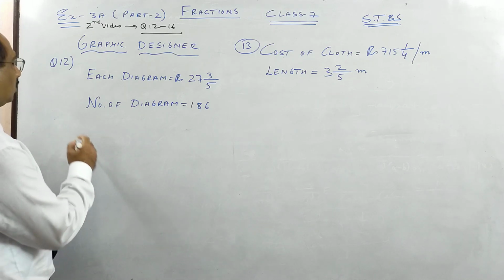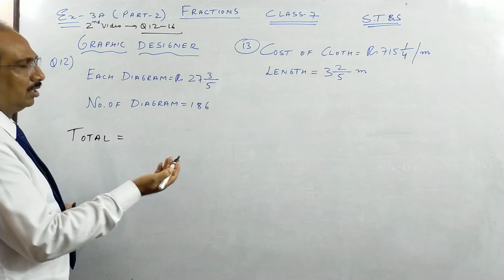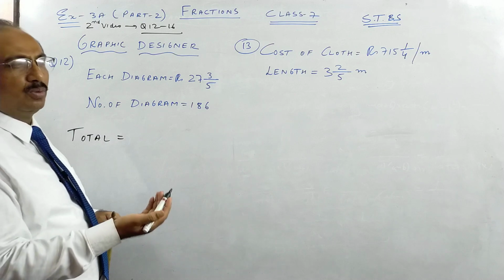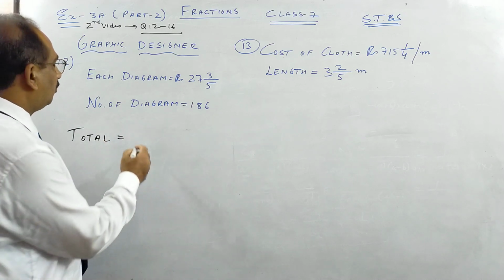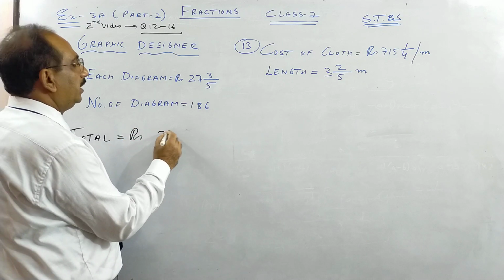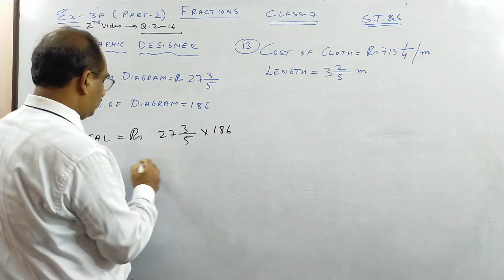So find the total cost. The total cost, children, will be more. Like one chocolate costs 5 rupees, 4 chocolates will cost 4 into 5. So it will be rupees 27 3 by 5 into 186.